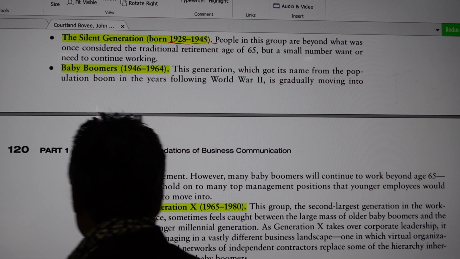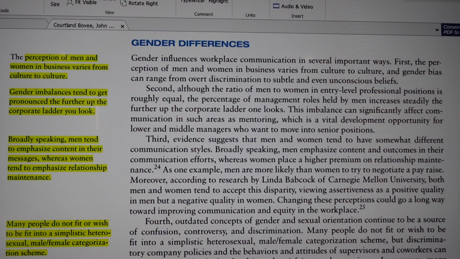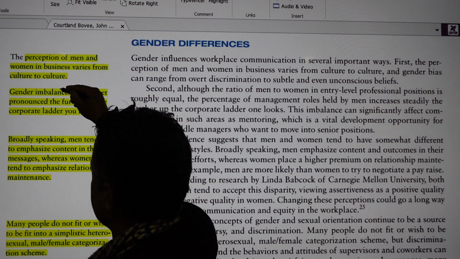Then there are gender differences. Different cultures treat females differently. In Muslim cultures, I find females are a lot of times discriminated. They're exploited, right? There is gender imbalance.